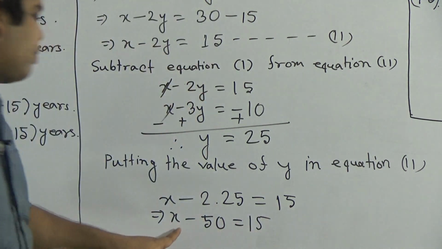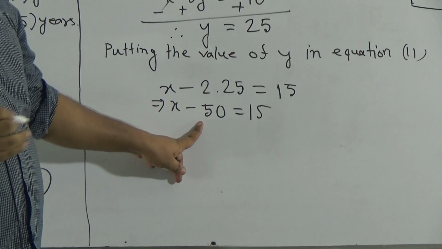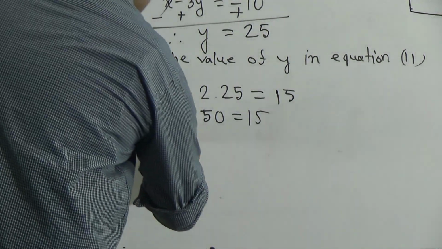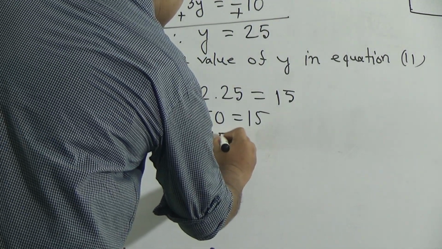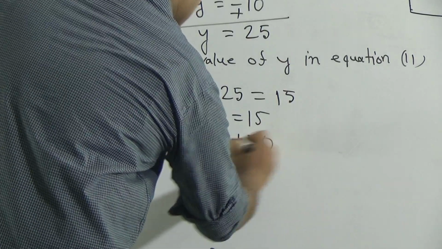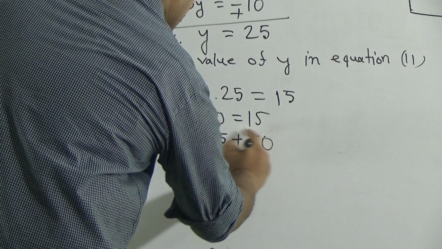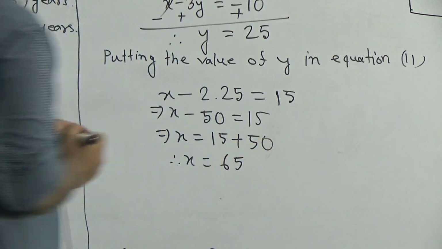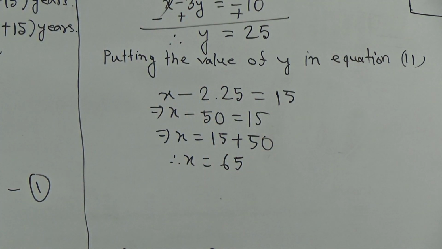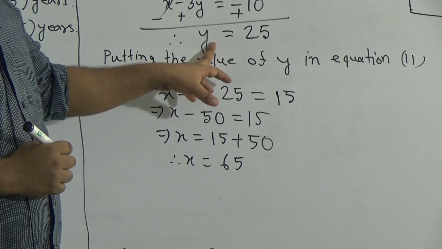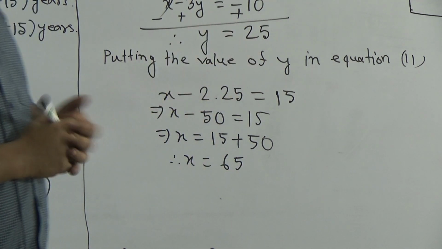We need the value of x. For this reason, minus 50 changes its position. That means x equal to 15 plus 50, and we get 65. So, we get the value of x and y. The value of x is 65 and the value of y is 25.